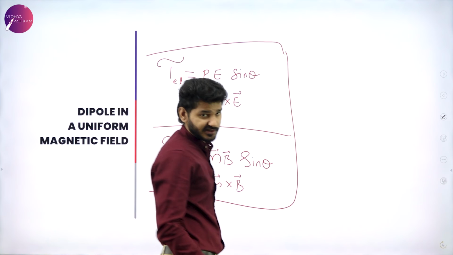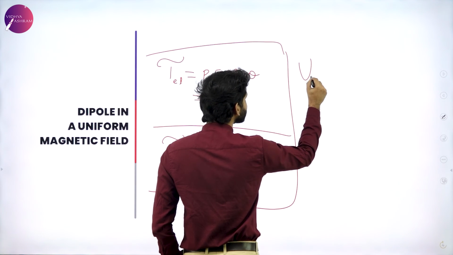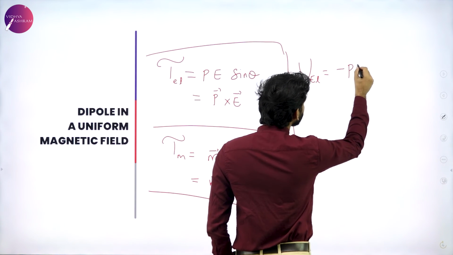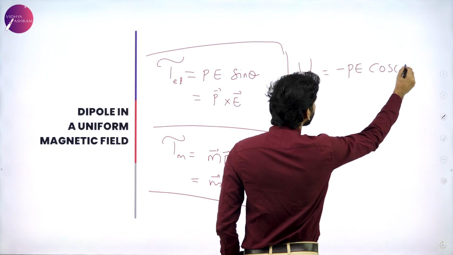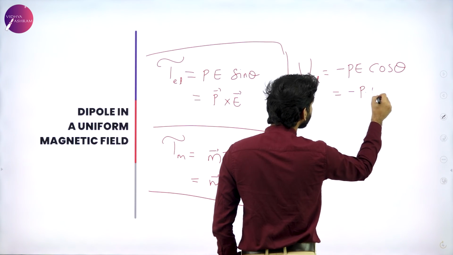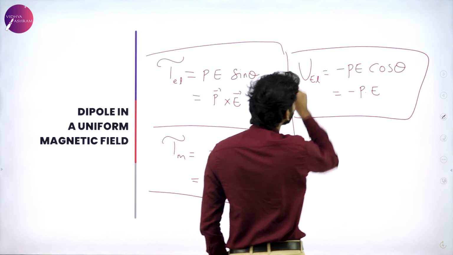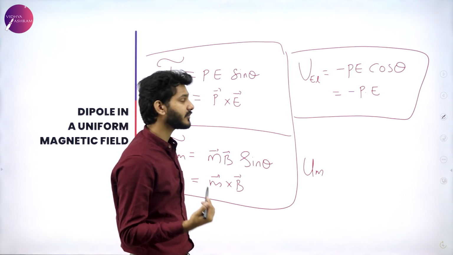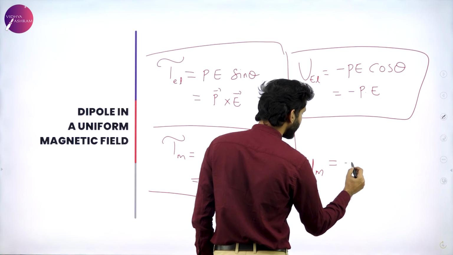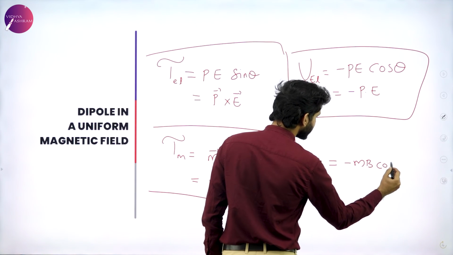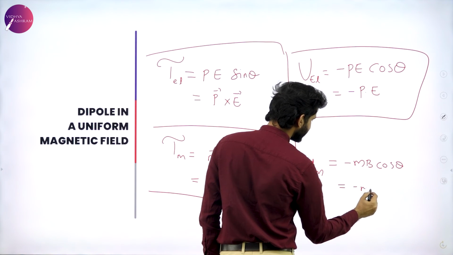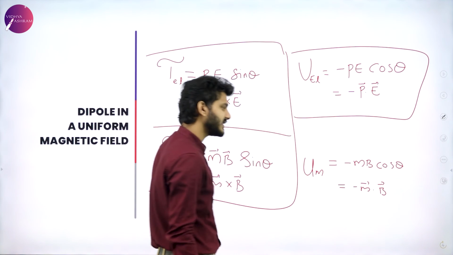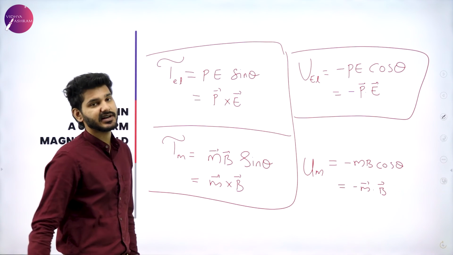If you remember, the potential energy for the electric field was given by U is equal to minus pE cos theta, or simply minus p dot E. Now we are comparing the magnetic potential energy experienced by a magnetic dipole kept in a uniform magnetic field, and we found it to be minus mb cos theta, or simply minus vector m dot vector b. So this is the equation to find the potential energy of that particular particle.